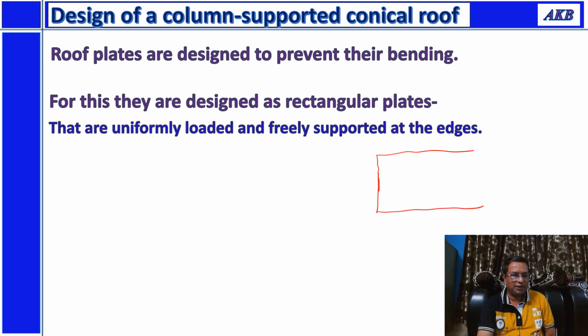They are rectangular plates, and they are uniformly loaded. The load on each roof plate is assumed to be uniform, and it is assumed that they are freely supported at the edges. So for column supported conical roof, the roof plates are considered to be rectangular plates. They are assumed to be uniformly loaded, and they are assumed to be freely supported at the edges.